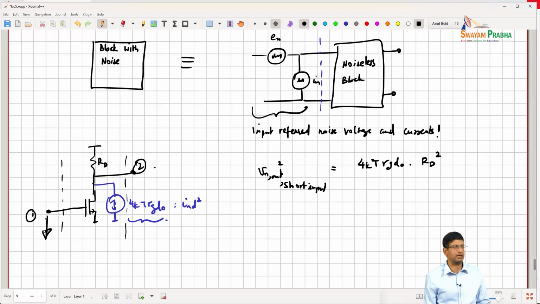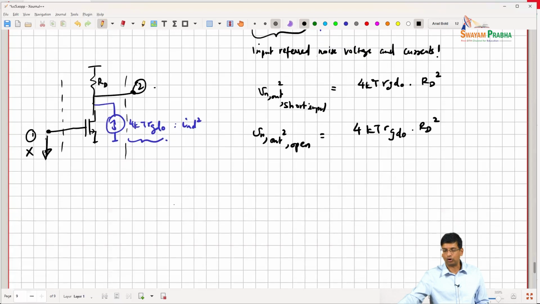I'm ignoring the ro of the system. And if I leave the input open, I will still see 4kT gamma gd0 times RD squared. So whether I short the input or open the input, this is going to exist.